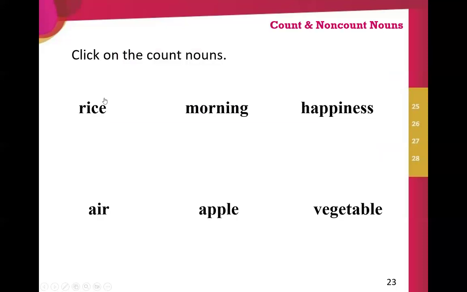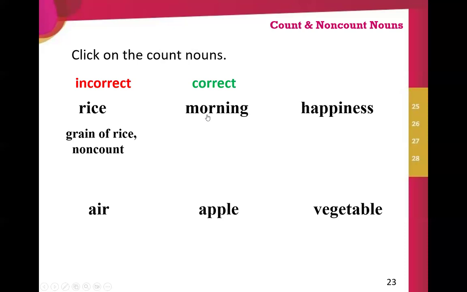I want you to click on the count nouns here. Rice, is it count? No. Grain of rice, yes. Morning? One morning I saw you while walking on the street. Another morning I couldn't see you.